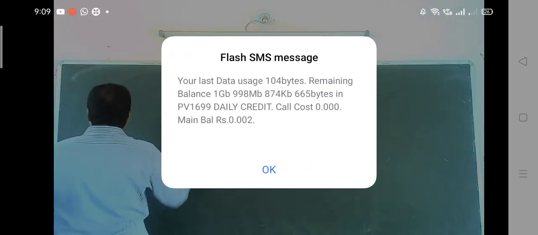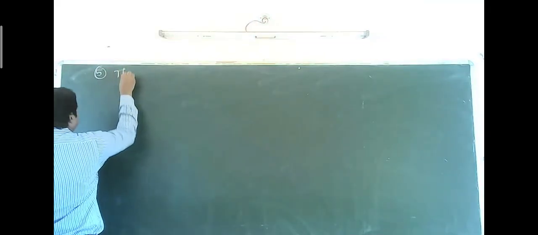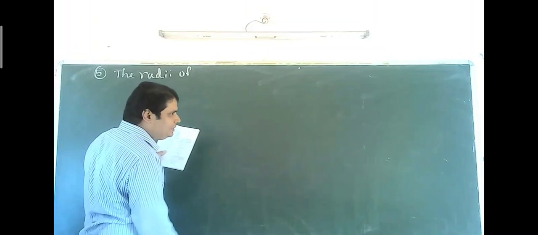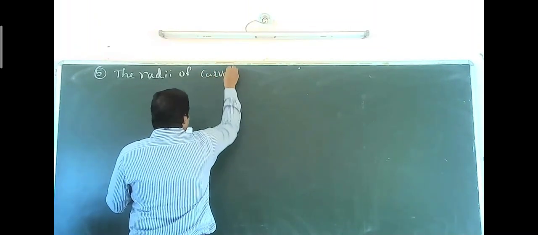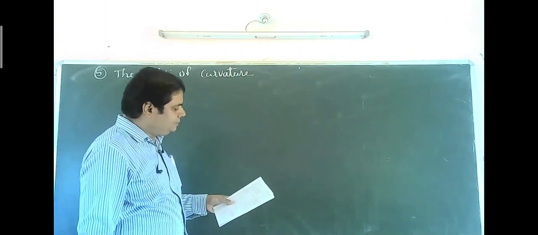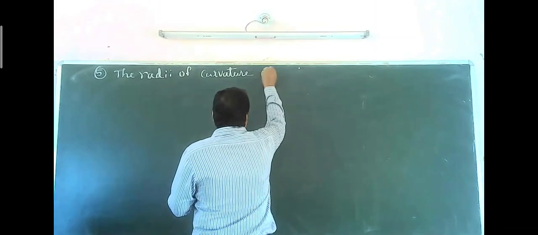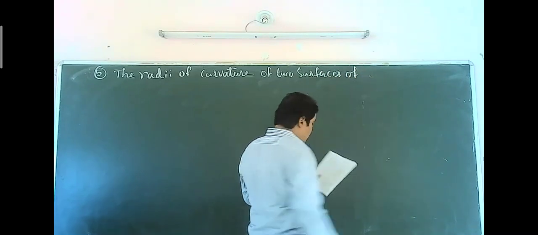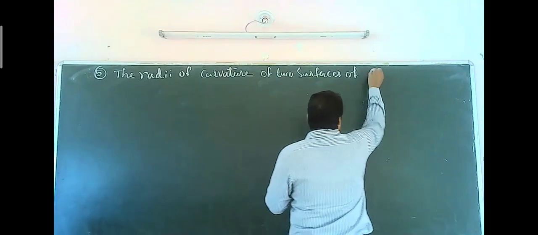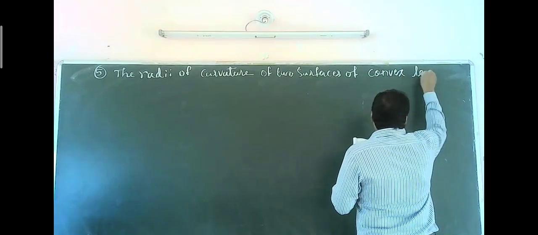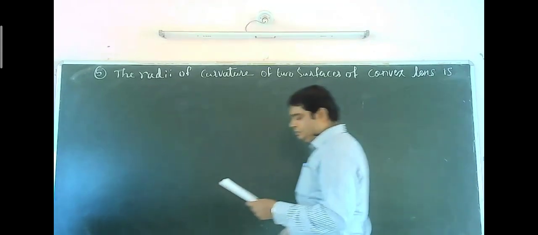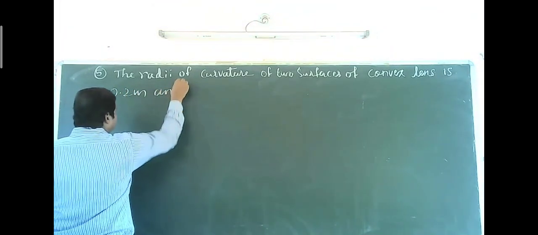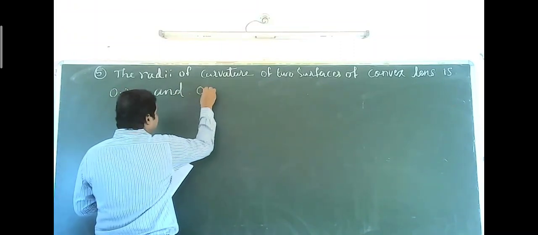Problem number 5. The radii of curvature of the two surfaces of a convex lens are 0.2 meter and 0.22 meter.